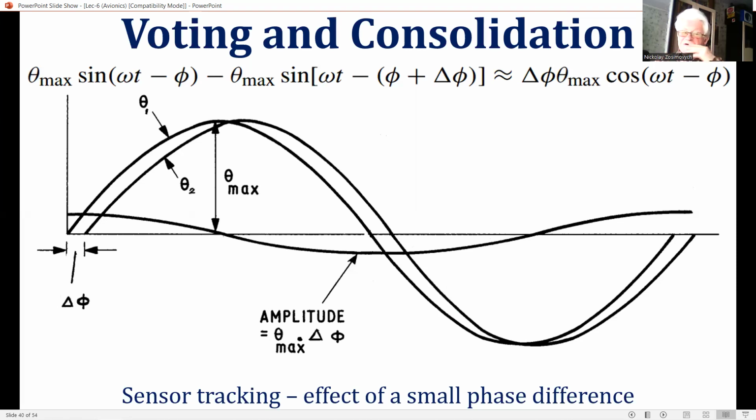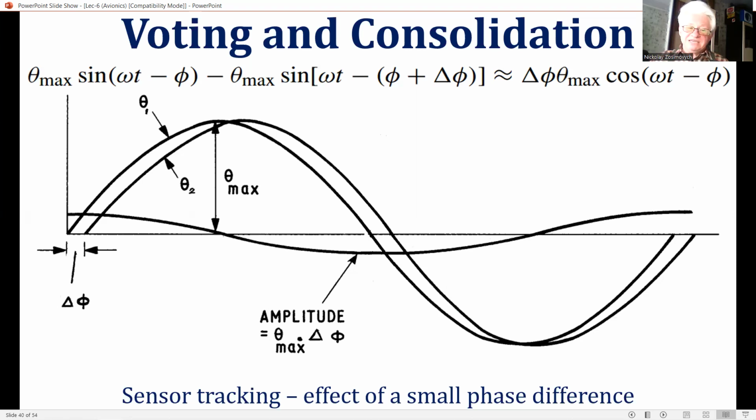For instance, consider two sensors measuring a sinusoidally varying quantity, but with a slightly different phase lag between the two sensors' outputs. The difference between these two sensors' outputs is a sinusoidally varying quantity 90 degrees out of phase with the input quantity and with an amplitude directly proportional to the phase difference, as you can see on this slide.